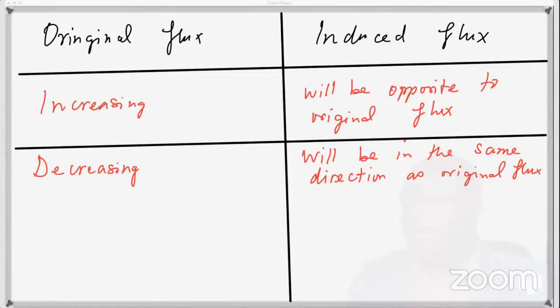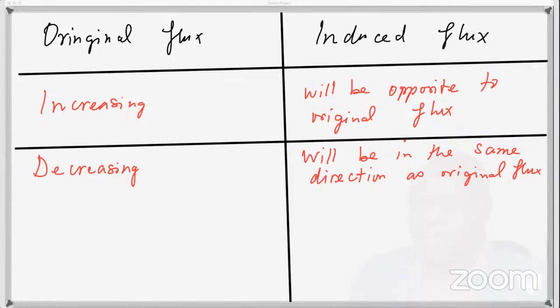To restore it back to 10, you have to create 2 more lines also going in. That will bring it back to 10. So that's what Lenz's law says. If the original change is increasing, you will oppose it by creating something opposite. But if it's decreasing, then you enhance it. You create more of the same in the same direction, because the whole goal is to restore it to the original.